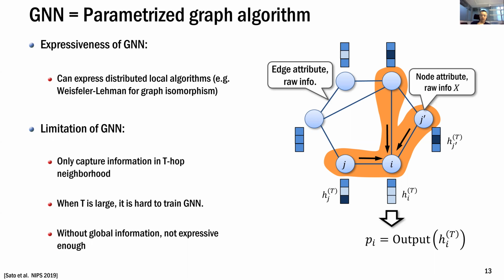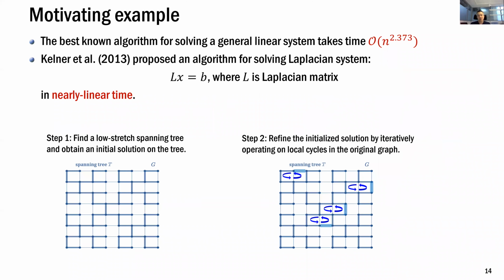So actually, the idea is inspired by some algorithms from the theoretical computer science literature. In this particular case, we are inspired by a near linear time algorithm for solving large-scale Laplacian systems. We can think of the graph Laplacian as pretty much the adjacency matrix of the graph, by the way, something like identity minus the adjacency matrix.